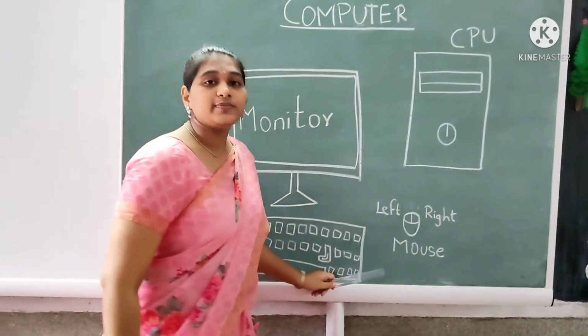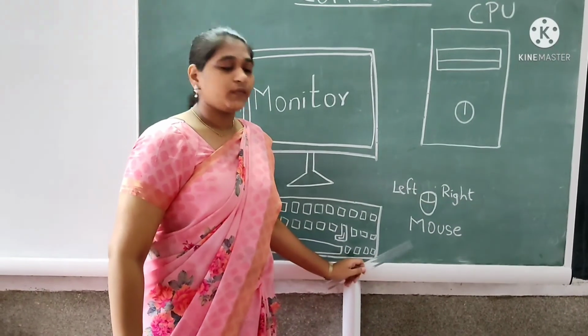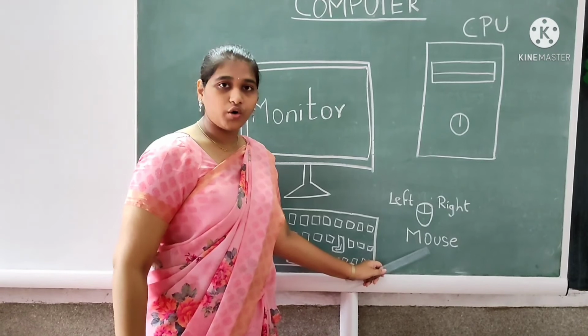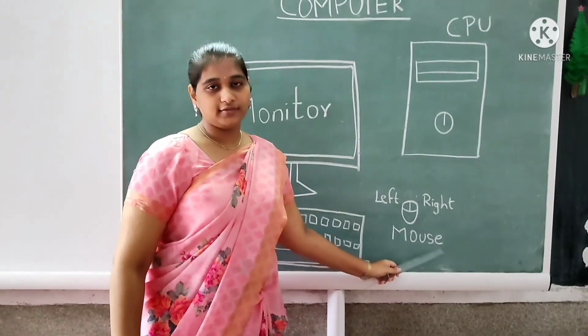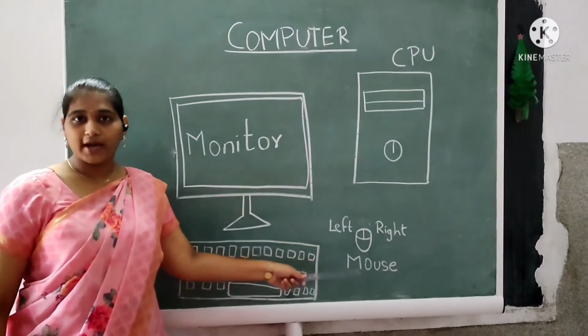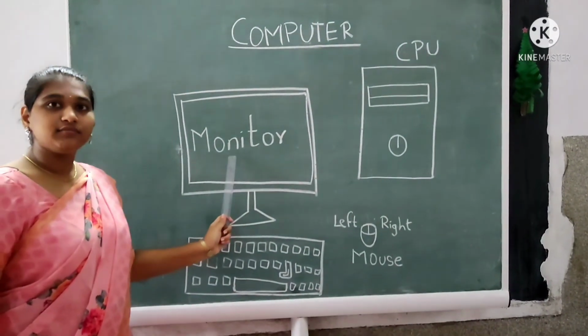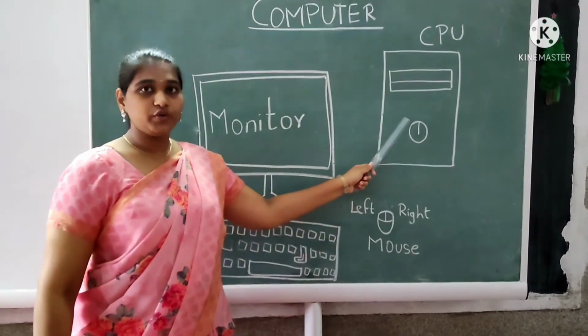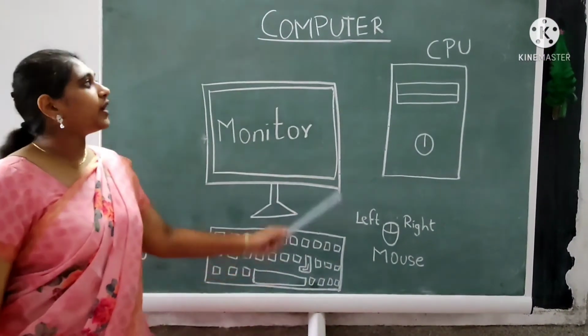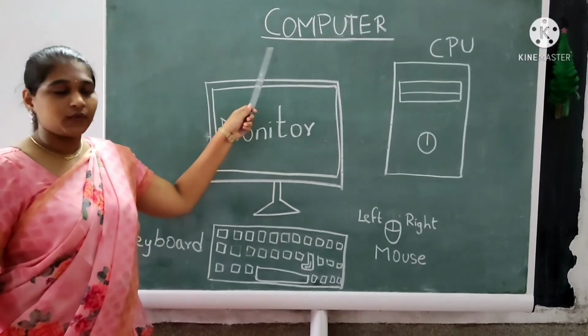M-O-U-S-E. Now spell it, children. M-O-U-S-E. All these four parts, monitor, keyboard, mouse and CPU together is known as a computer.